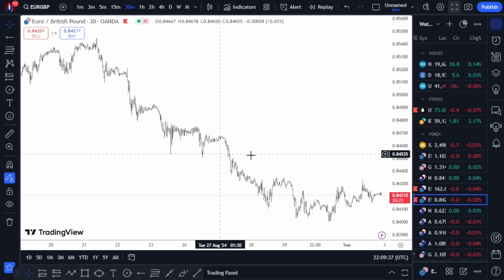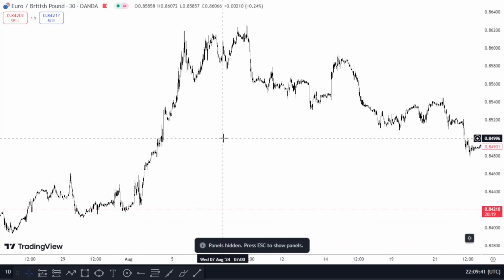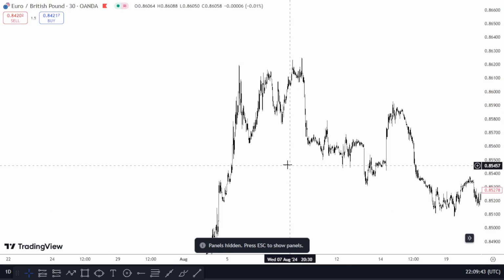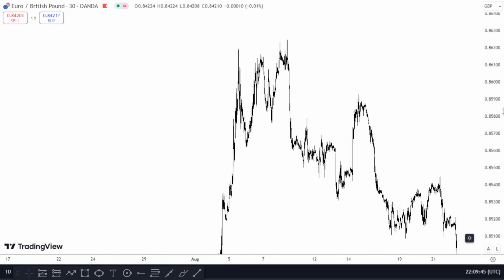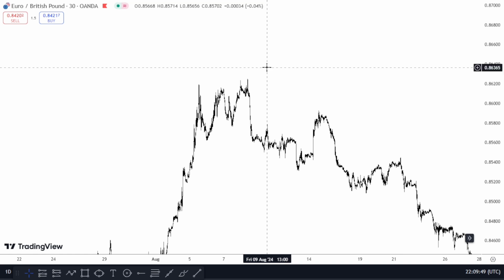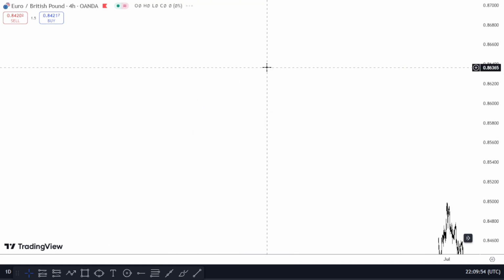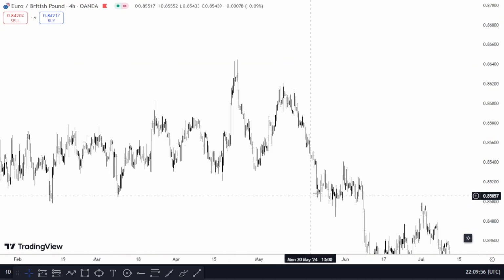So this is the Euro GBP. As you can clearly see right here, we're just going to mark it out together. I think I should use the 4 hours time frame for this. But the market did not actually come back.